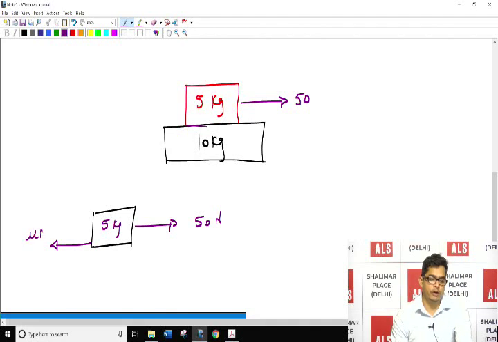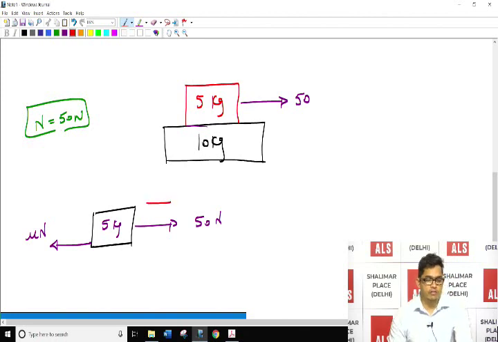It is mu into N. So N is equal to how much? N is equal to 50 Newton. And the acceleration will be in the forward direction. So let's calculate the acceleration. So 50 minus mu into N, which is the maximum friction.